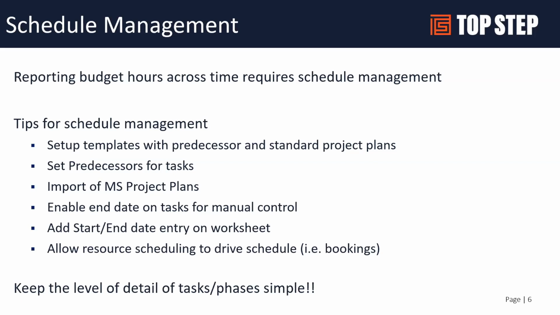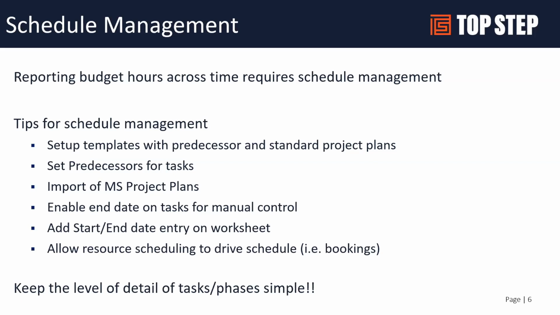And then managing start and end dates, should you go down that route, we recommend the worksheet view for that. That is basically like a spreadsheet view of your project task structure, and it's able to bulk manage those start and end dates, so that you're not drilling task by task into the tasks themselves.